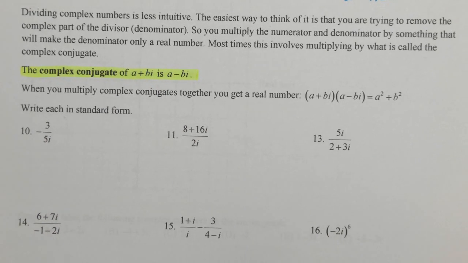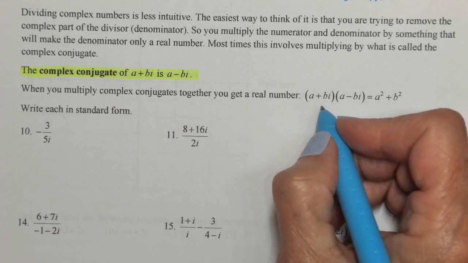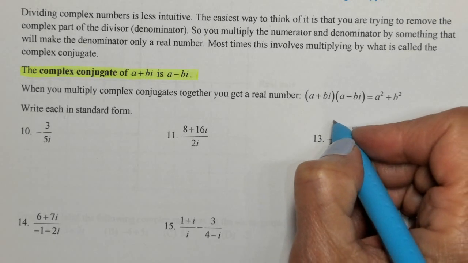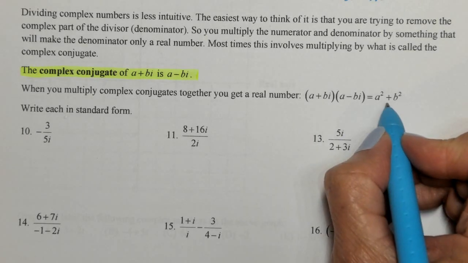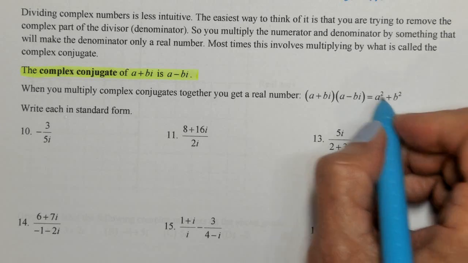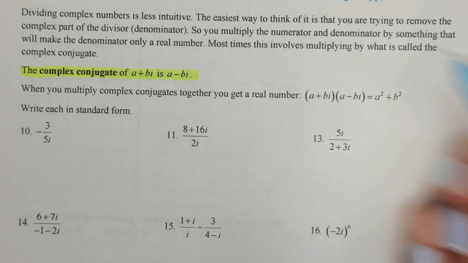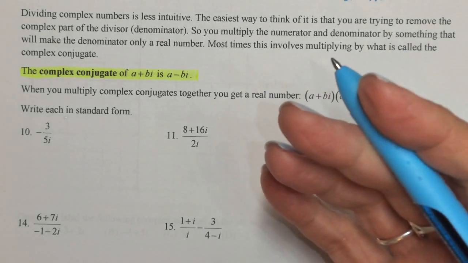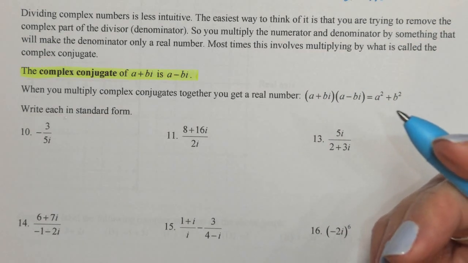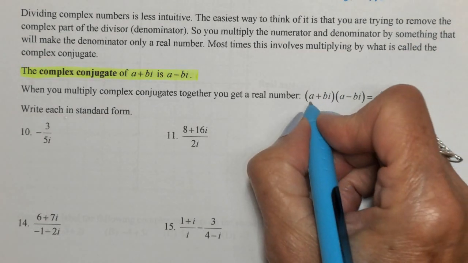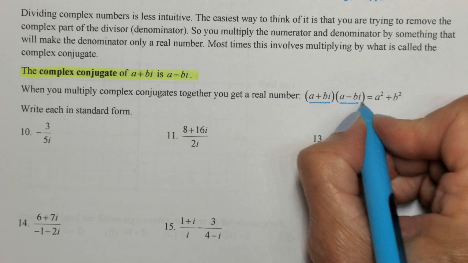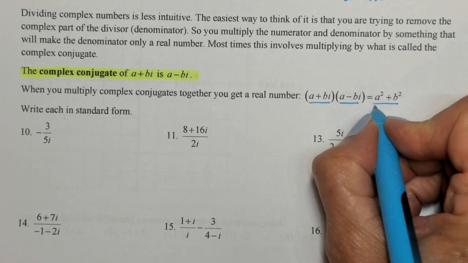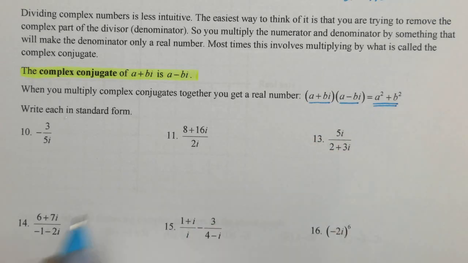When you multiply complex conjugates together, you lose the imaginary part, okay? And that's why we do it when we're dividing. We don't want anything imaginary in the denominator. So a plus bi times a minus bi is a squared plus b squared. Okay, let's do some examples.